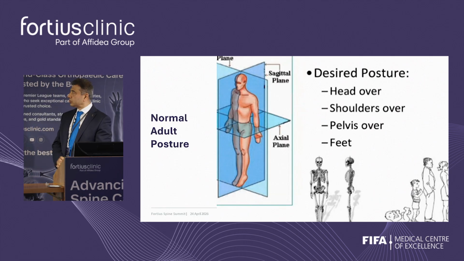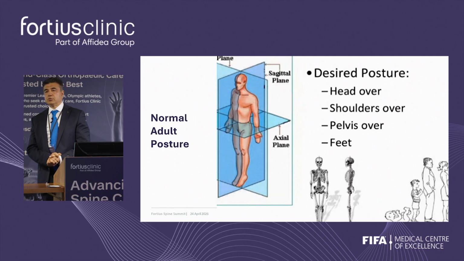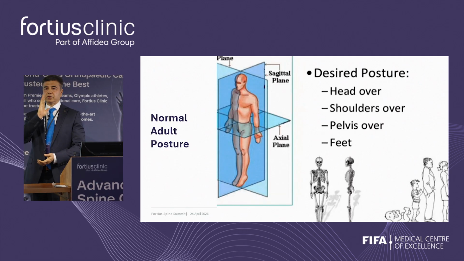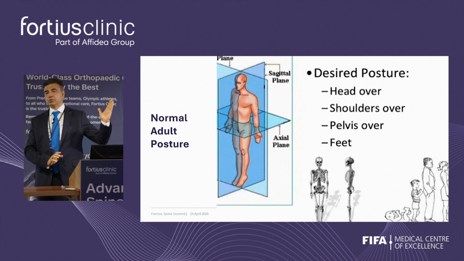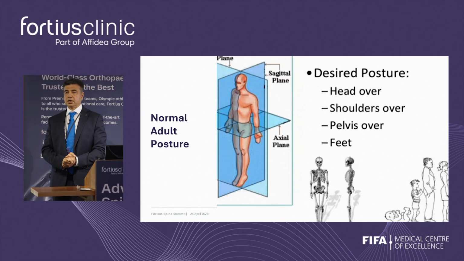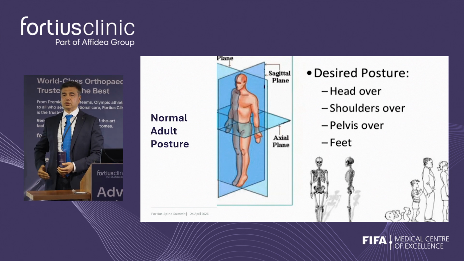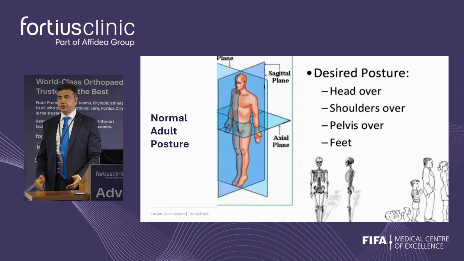So what is the normal posture of the spine? The normal posture of the spine is if I stand still like that with a horizontal gaze, and somebody is looking at me from the side, my head should be on the shoulder, shoulder should be on the pelvis, and pelvis should be on the feet.